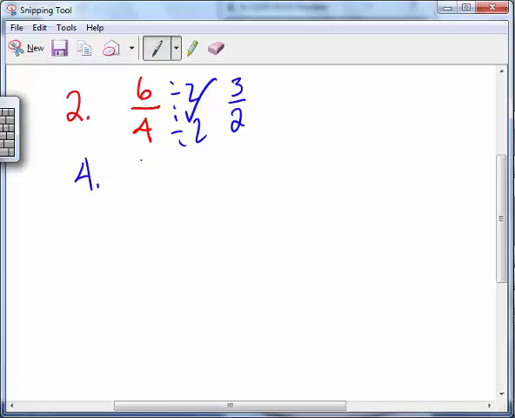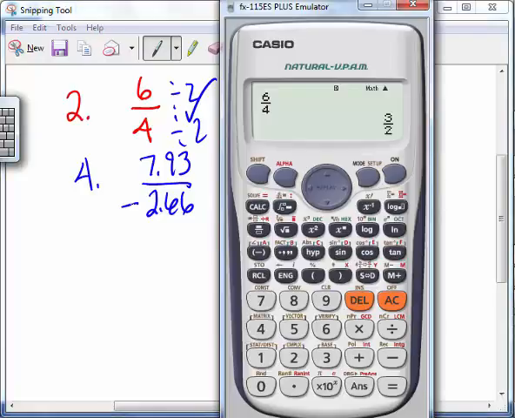Number 4 is 7.93 over negative 2.66. Now I would do that on the calculator because that's about the only way to find the common denominator of those two. 7.93 over negative 2.66.